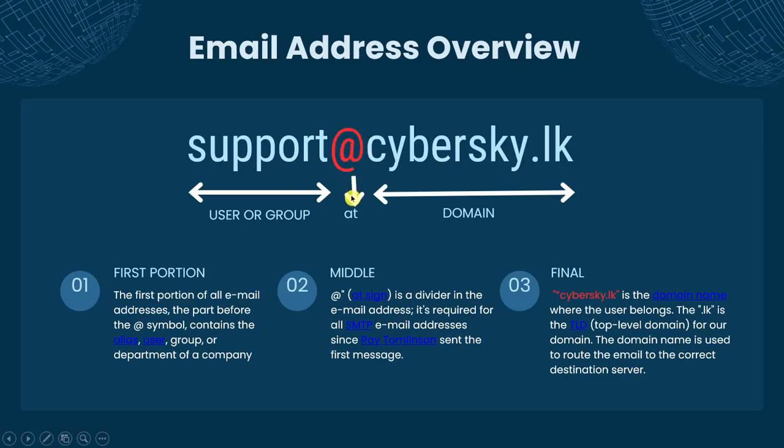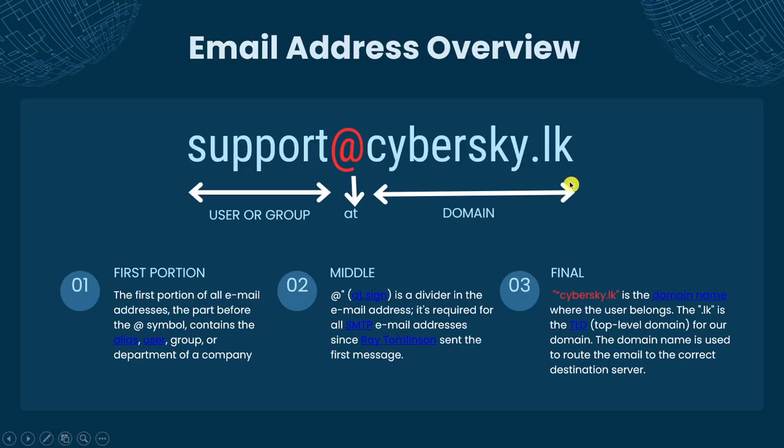The @ symbol separates the user and the domain name. The right side portion is the domain, which represents the organization's domain name, and the last part is .lk, which is the top level domain, which we call a TLD.